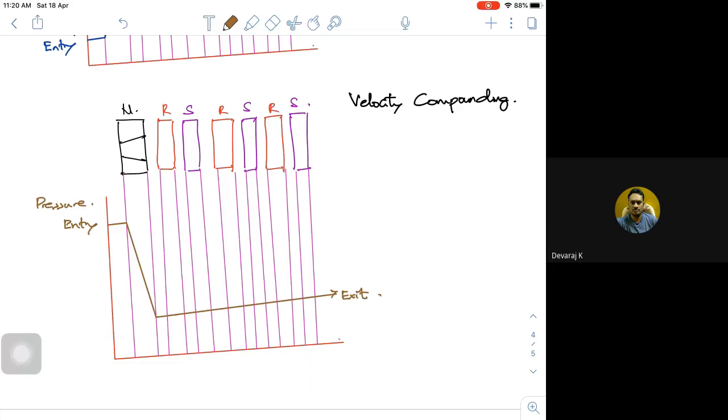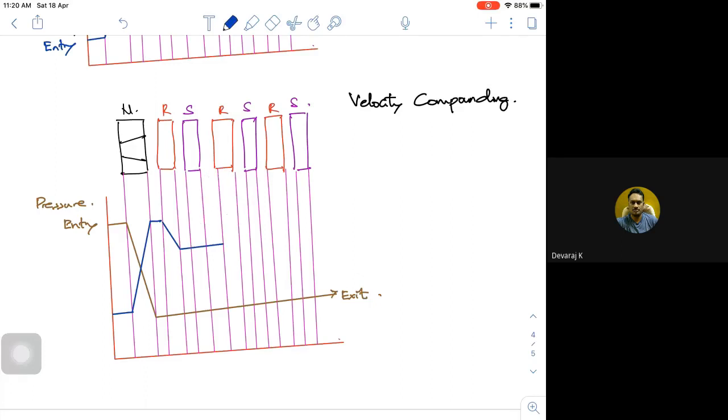What will happen to your velocity? Your velocity enters at some value and the kinetic energy increases to some value, fine. Then it remains the same in the stator. Then in the rotor, it gets expanded. Then throughout the stator, it remains the same.